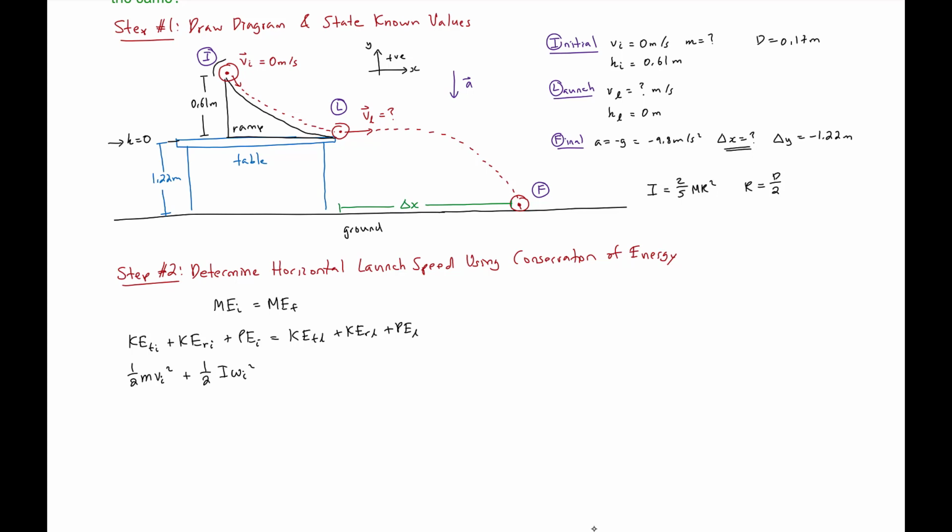So let's put a little turn here and have omega_i, and we have omega_f here as well. Then we have m g h_i, then 1/2 m v_f squared plus 1/2 I omega_f squared plus m g h_f.